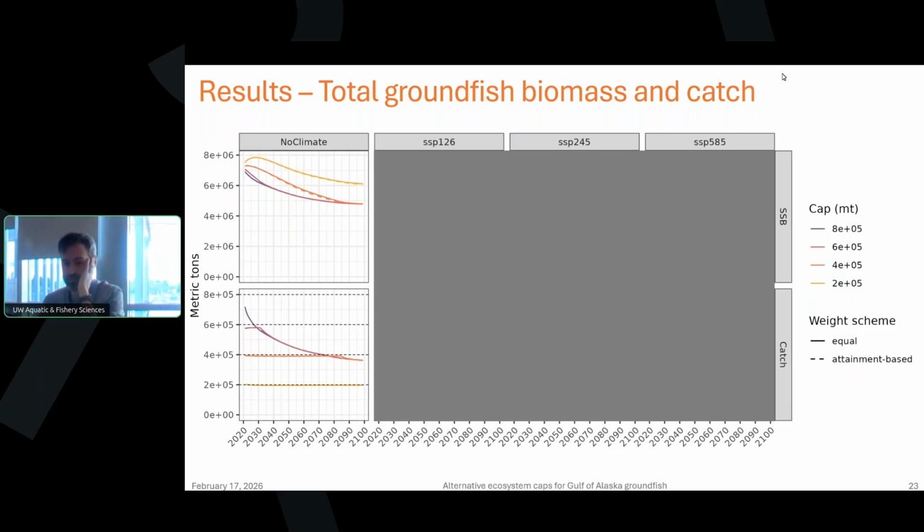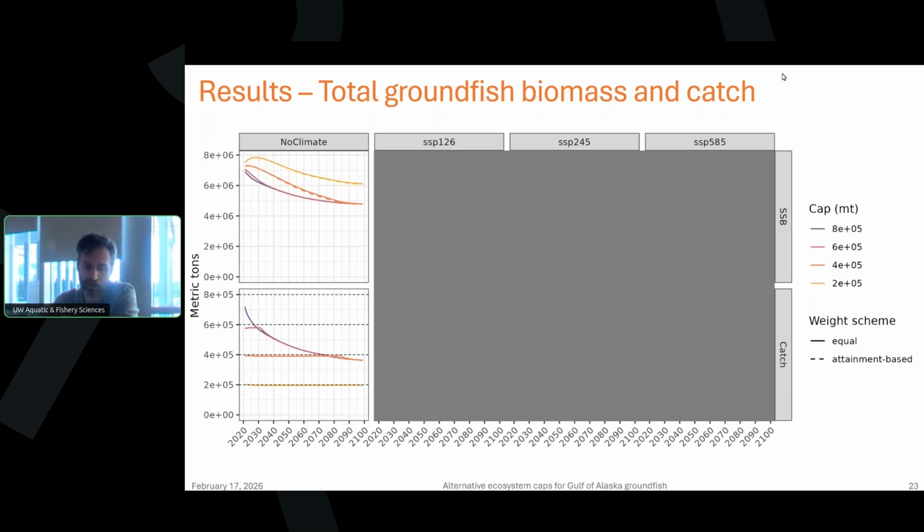In the bottom panel you see catch, and the second big take home from this slide is that a cap can be constraining for a certain time and then stops being constraining as the biomass and the productivity of the system change.